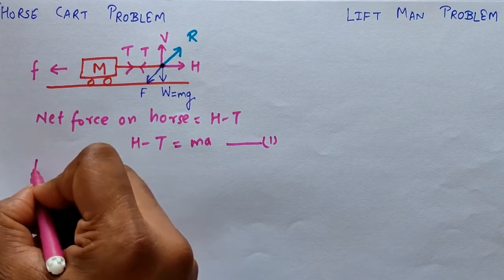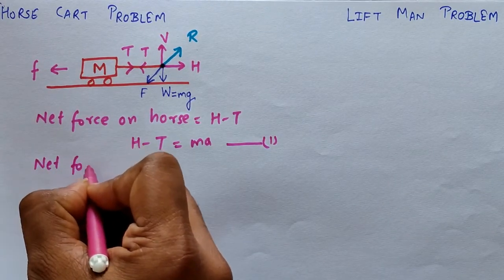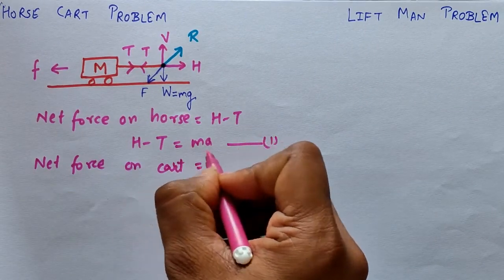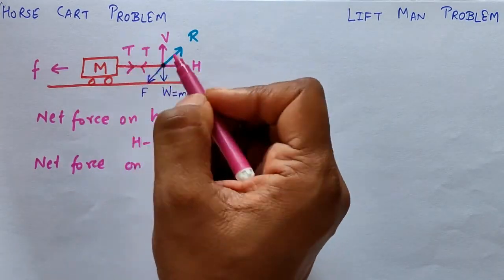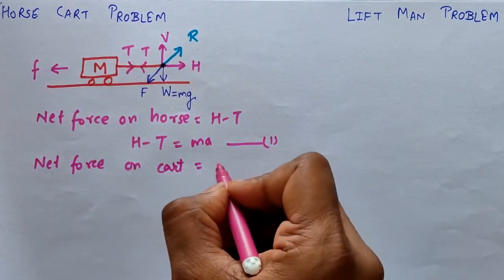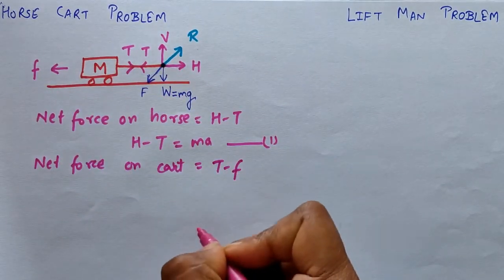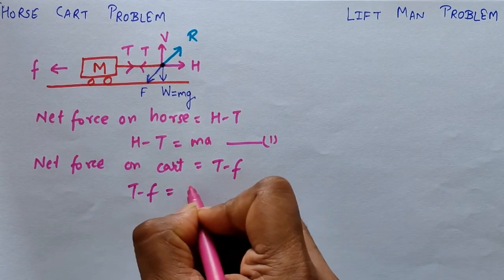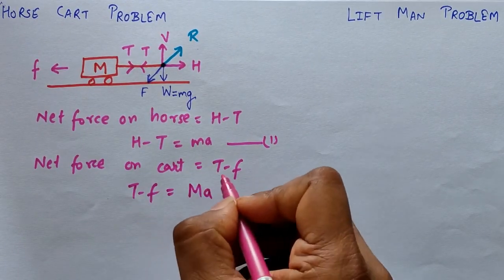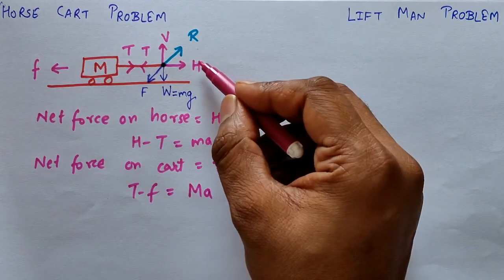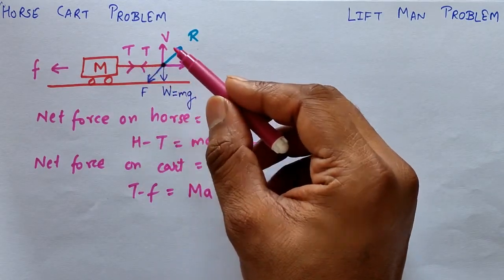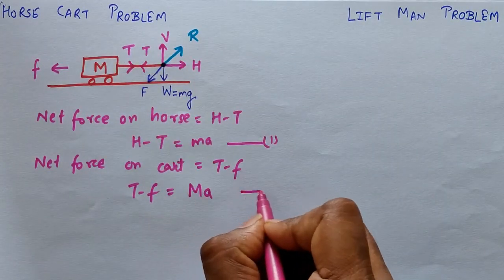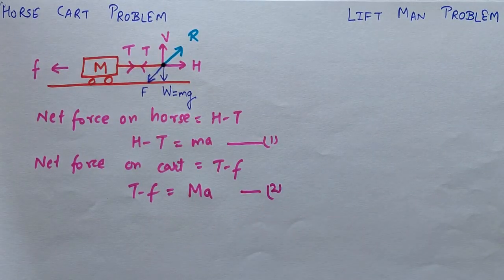Similarly, net force on cart will be given by, the cart is moving in this direction, so capital T must be greater, hence capital T minus small f. This will be the net force on cart, and it will be equal to capital M into A. A will be the same acceleration as the horse, as they are both connected, and capital M is the mass of the cart only, so I can write it as T minus f equals MA.